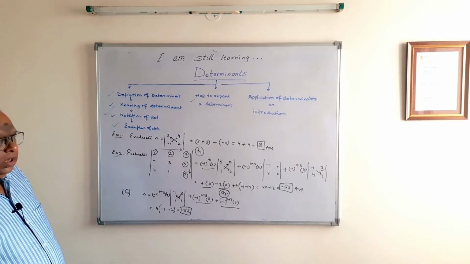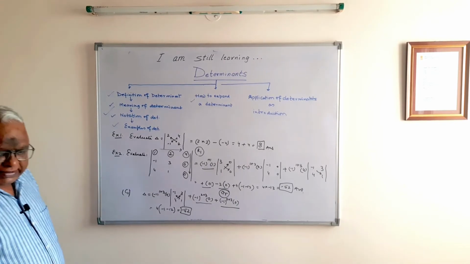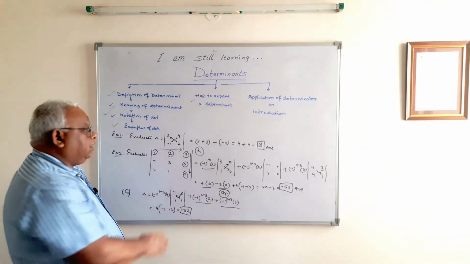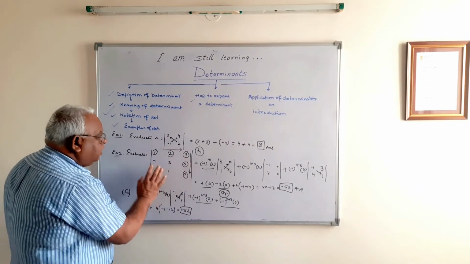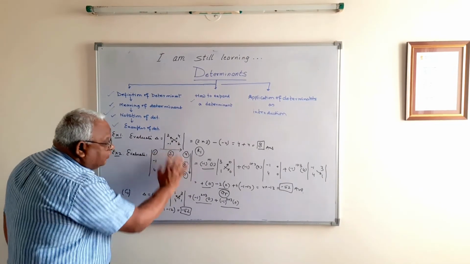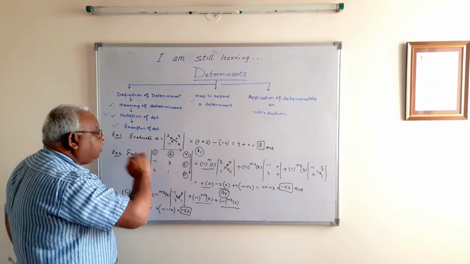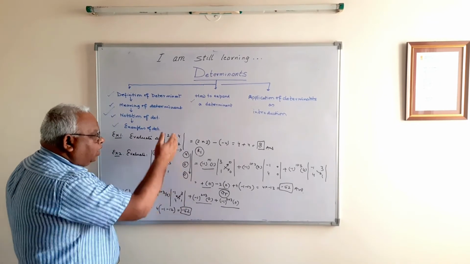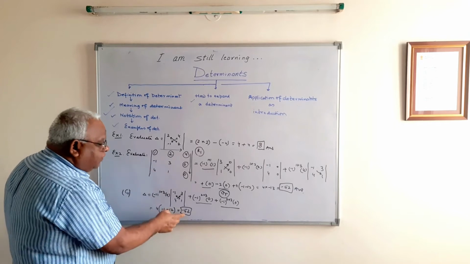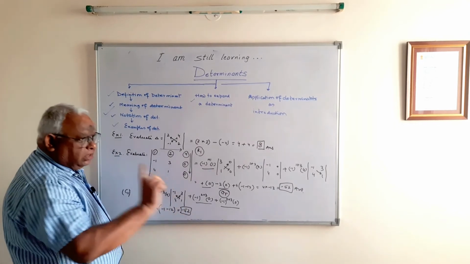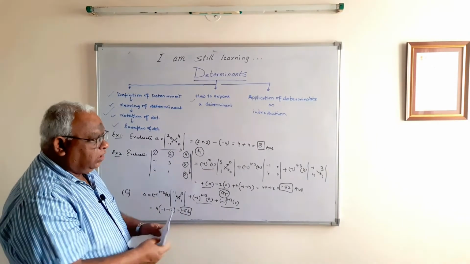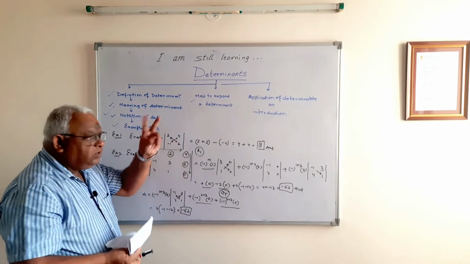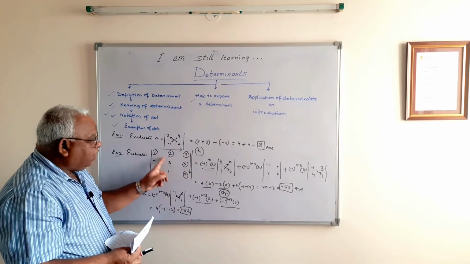So this is the conclusion, that you expand this determinant by using any row or any column. The value will be unique. That is the meaning of unique. You cannot have two different answers for the same determinant.